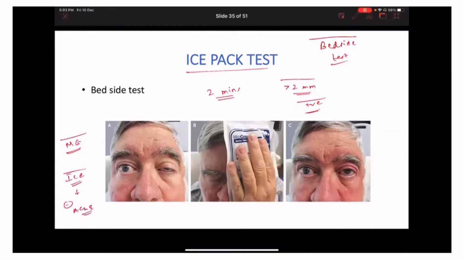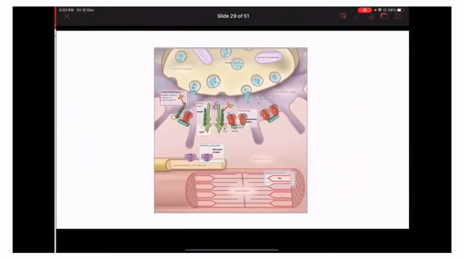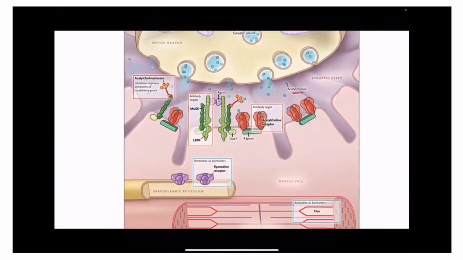So remember, let me take you again to this nerve action potential, this NMJ junction. We know the acetylcholine which comes out is broken down by an enzyme known as acetylcholinesterase. So once acetylcholinesterase breaks down acetylcholine, less acetylcholine is available for acting on the acetylcholine receptor. Now ice is going to inhibit acetylcholinesterase.